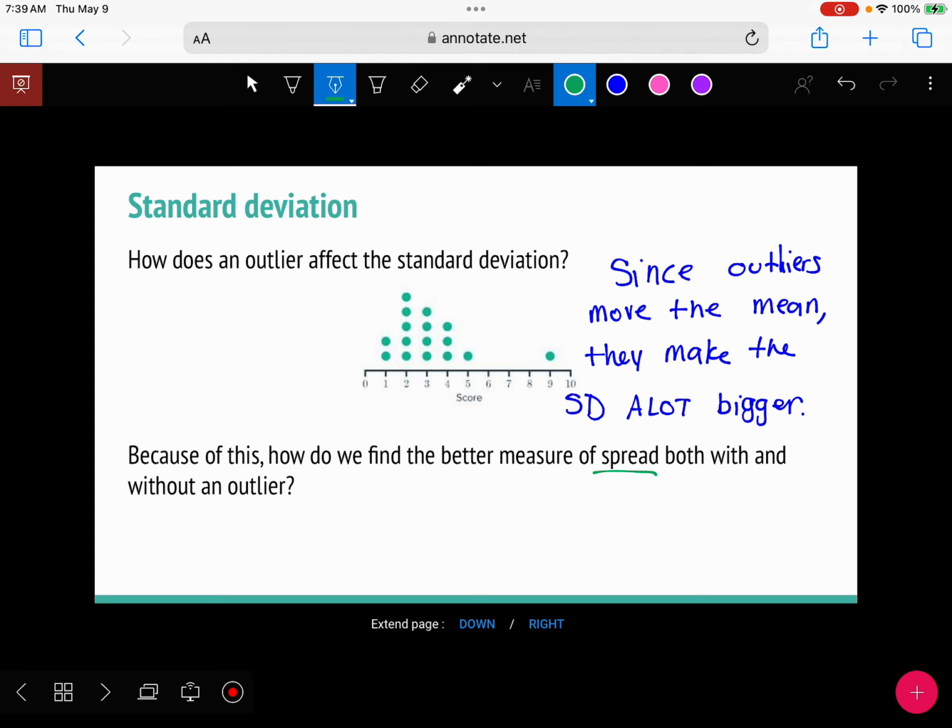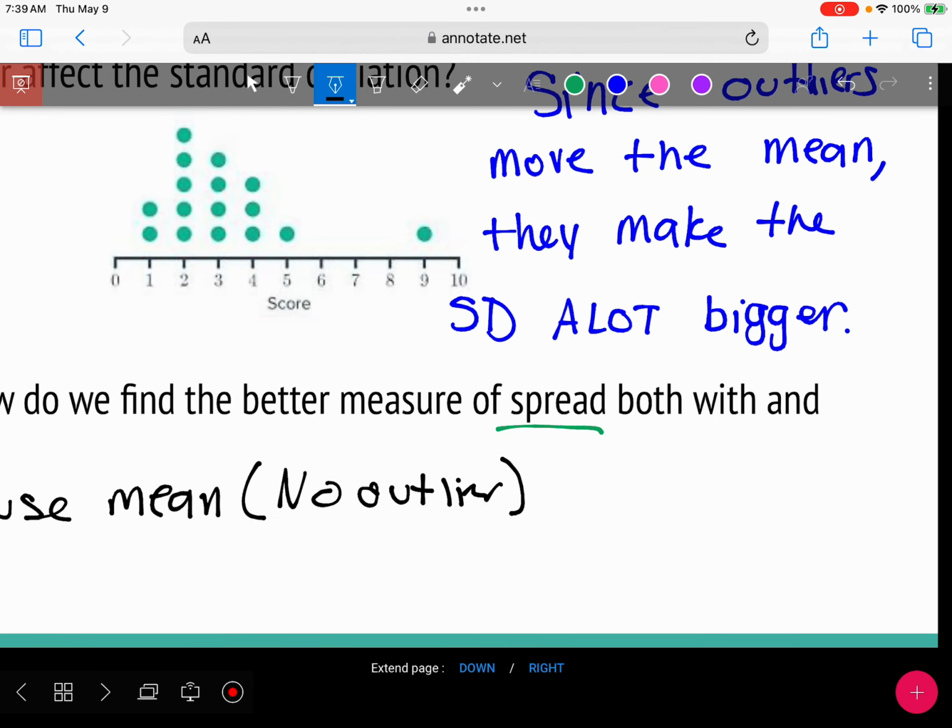So if we use mean, meaning there is no outlier, we measure what's called spread, which is just how far apart the points are, with our standard deviation. So if we use mean, we use standard deviation.